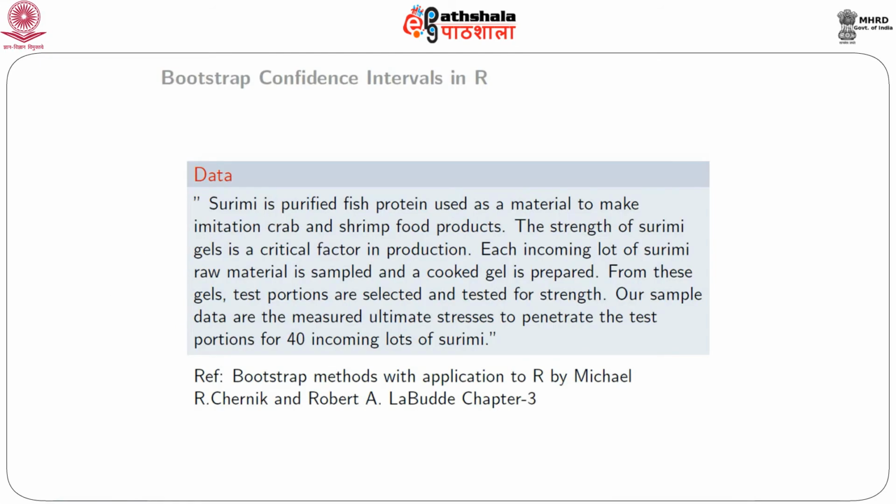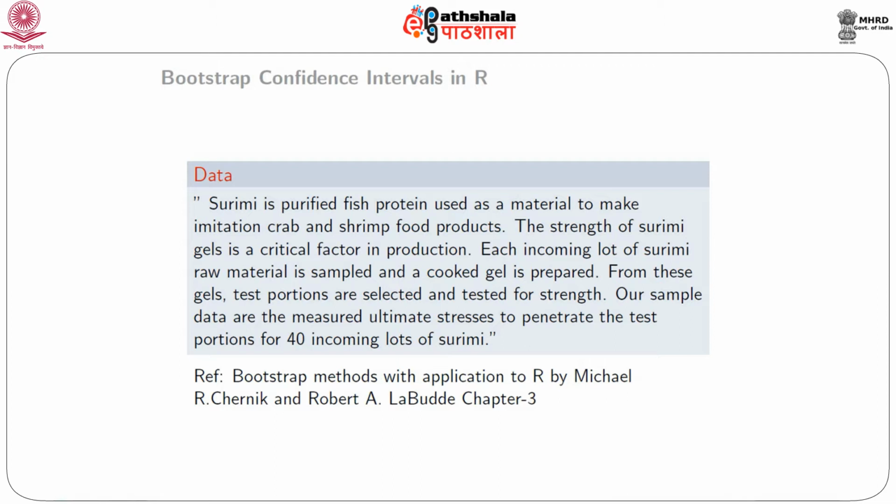So, the data is called the Surimi data, and Surimi is purified fish protein used as a material to make imitation crab and shrimp food products. The strength of Surimi gel is a critical factor in production. Each incoming lot of Surimi raw material is sampled and a cooked gel is prepared. From these gels, test portions are selected and tested for strength.